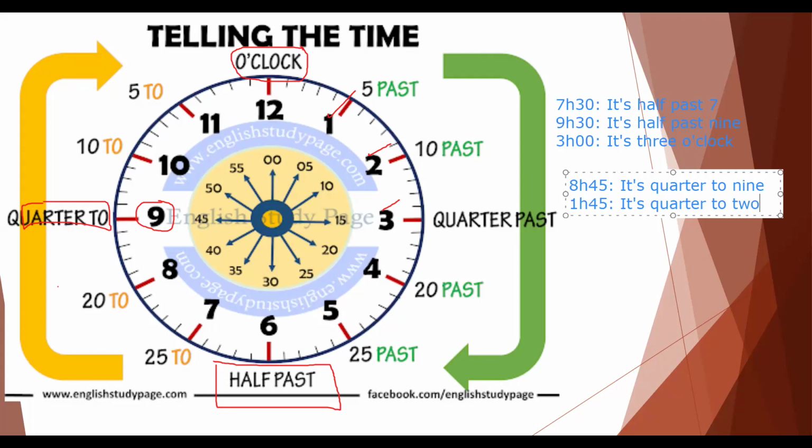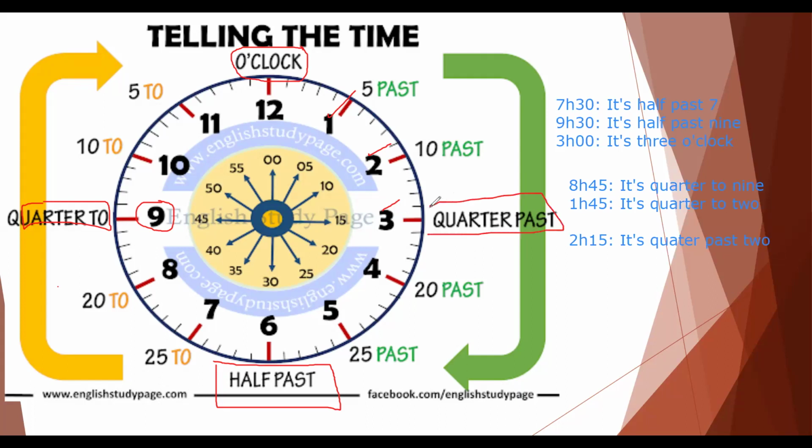Perfect. Okay. If I have, for example, ¿cuánto sería ahí? It's 2:15. Yes. Ahí sí va el quarter, la hora que es. It's quarter past 2. Okay. We use this expression. This one, quarter past.